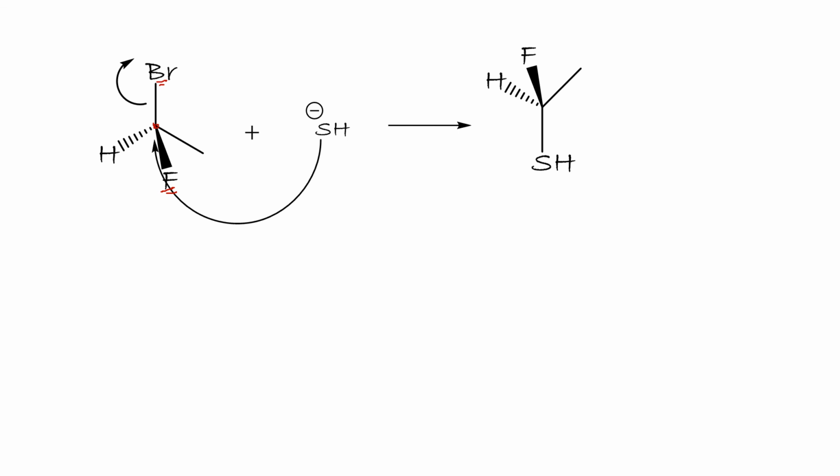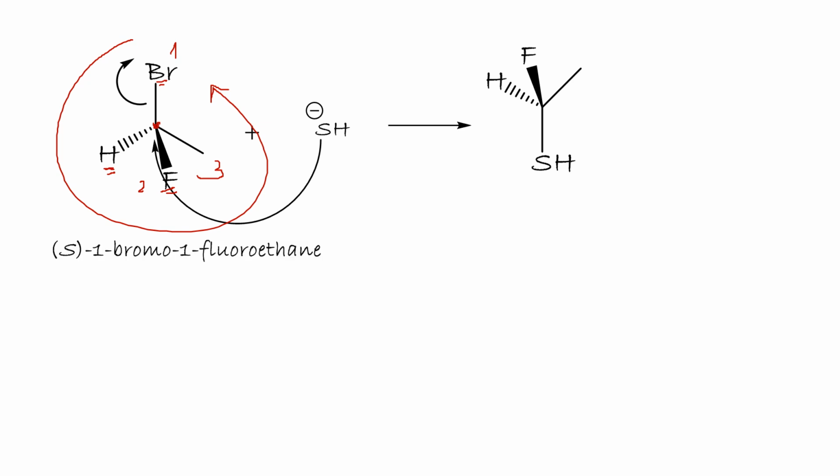What's the configuration of this species? Hydrogen is in the back already. We have here 1, we have here 2, we have here 3. 1, 2, 3. So the configuration of this is S.